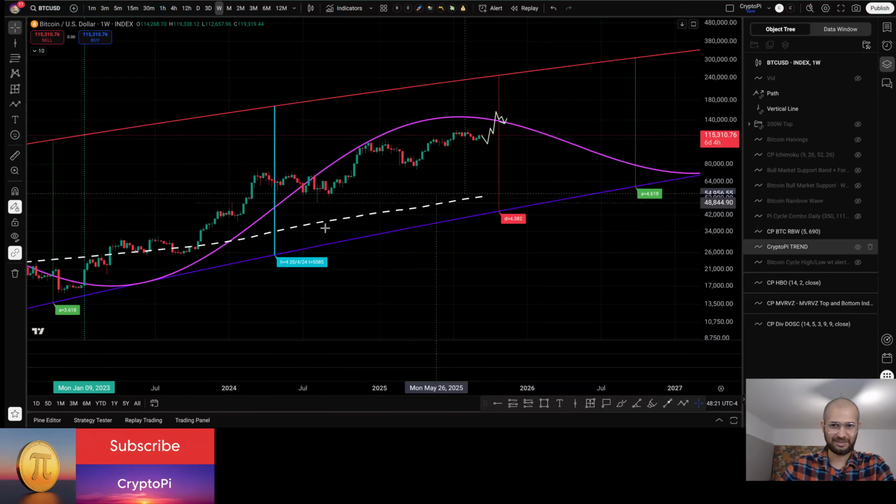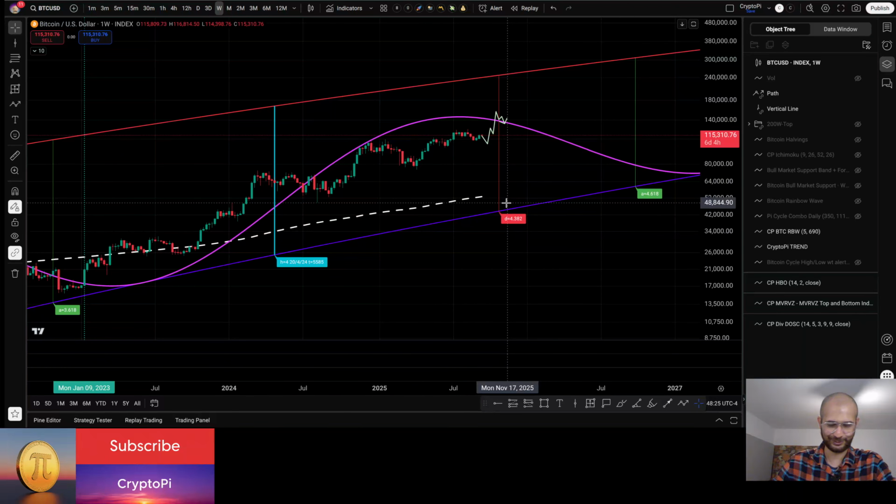The way the Pi cycle model has failed, the rainbow wave model could also fail, and there might be some other model which would have to be evaluated and understood, and basically react to what the market tells us to do.